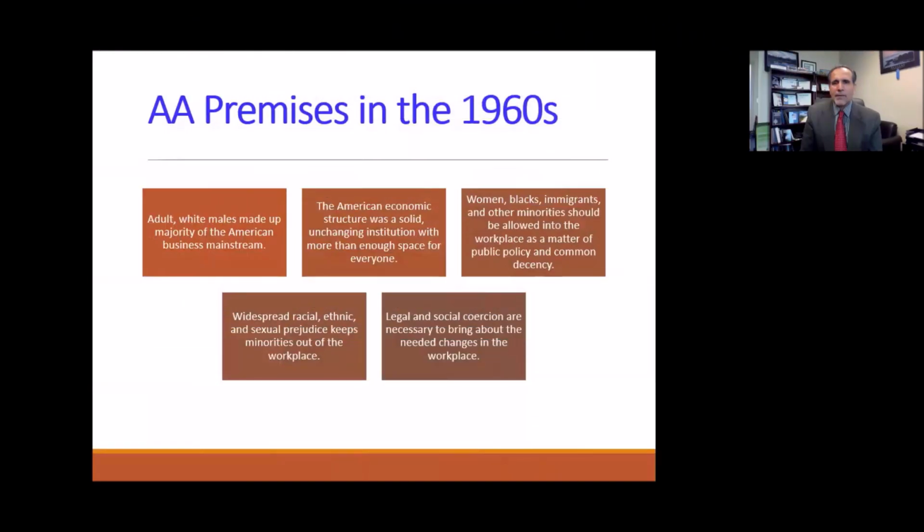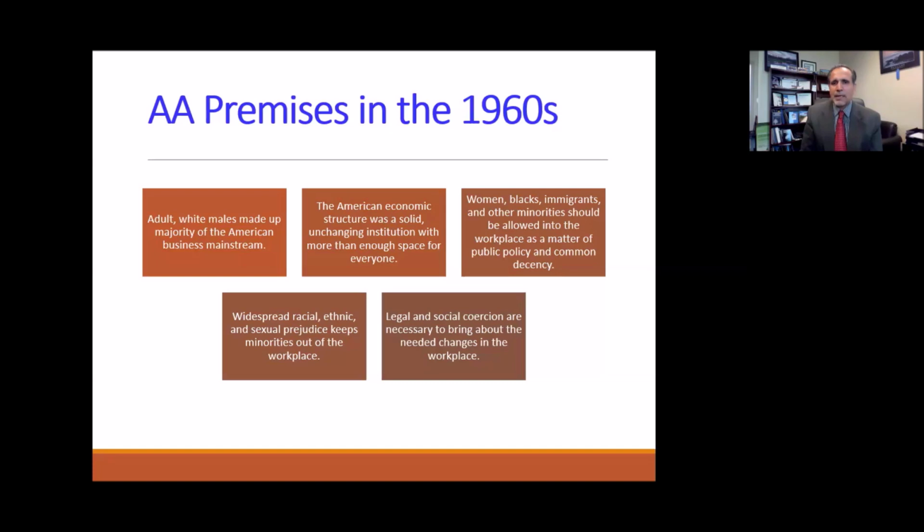Keep in mind that affirmative action was premised on certain assumptions in the 1960s, which were perhaps reality at that time, but since then have changed quite a bit. One of the premises was that adult white males made up the majority of the American business mainstream.